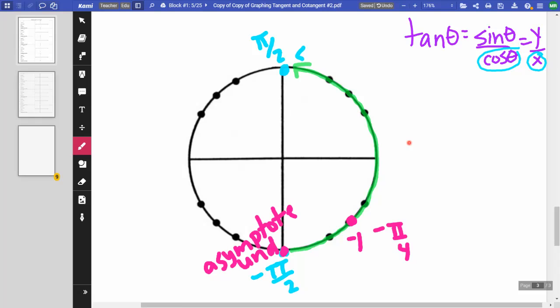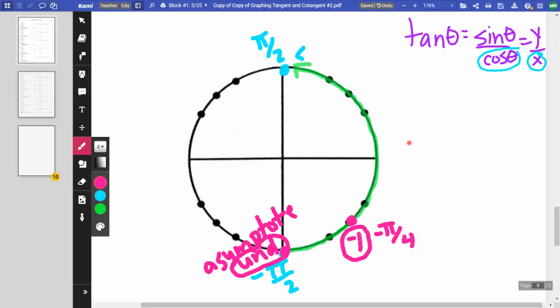So I'm going to be plotting -1. So I'm basically going to do undefined, -1. And then here, this is 0.